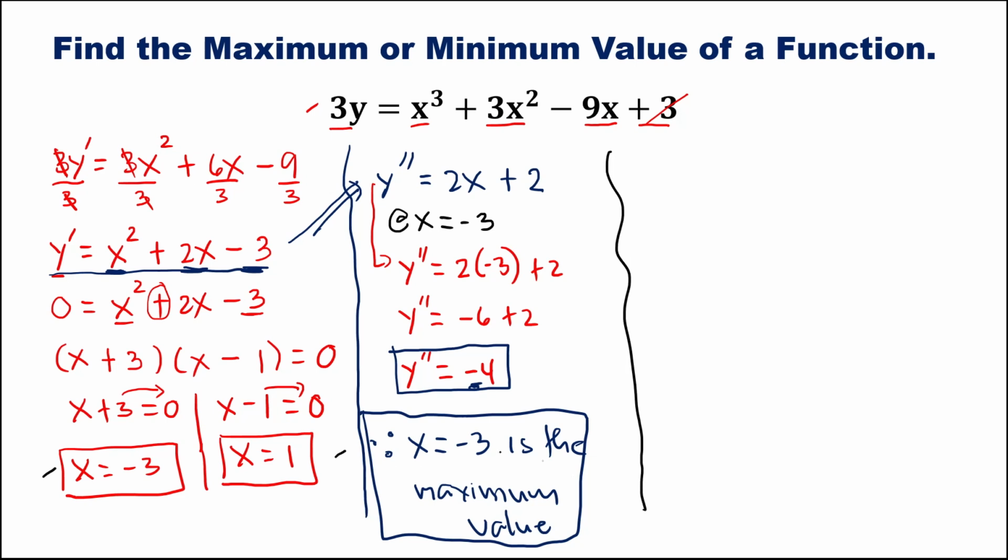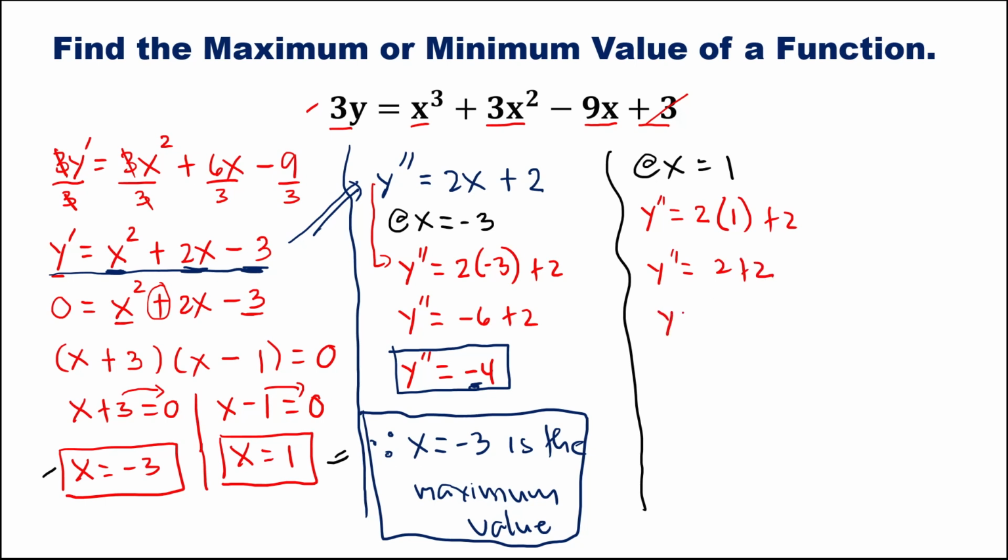Then for the other value for x, at x equals positive 1, again from the second derivative, this becomes 2 times 1, then plus 2, or y double prime equals 2 plus 2.